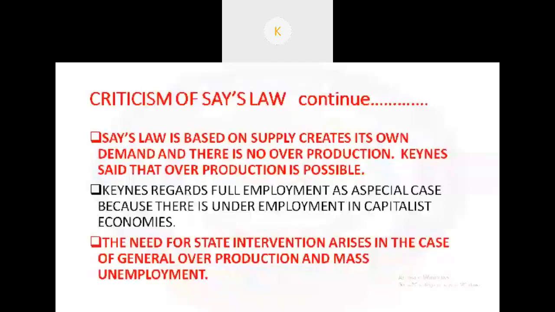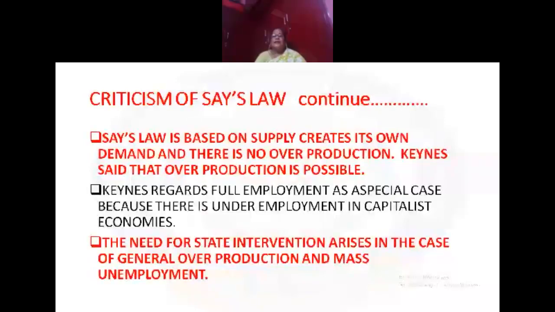Next point. Say's law is based on supply creating its own demand, and that there is no overproduction. Keynes said that overproduction is possible, but demand will not be there for the overproduction. So he differentiated in this point. Next point, Keynes regards full employment as a special case because there is underemployment in capitalist economies.